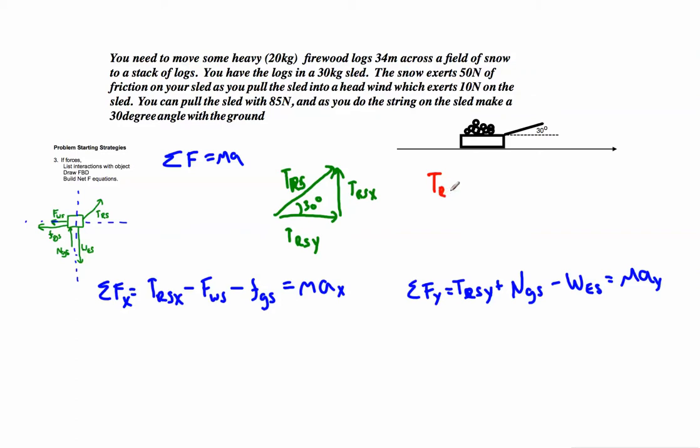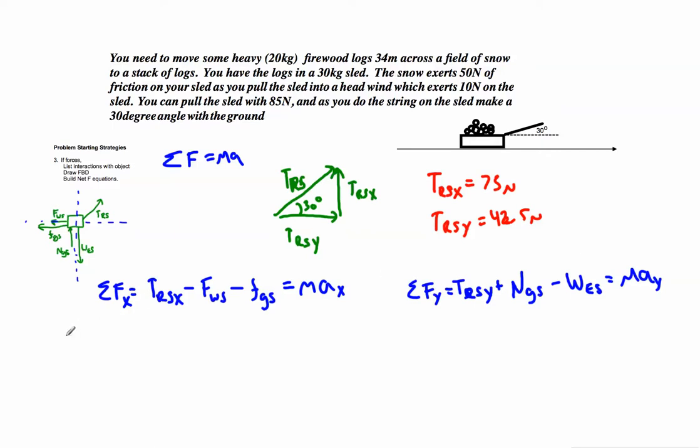Tension rope on sled in the x direction is equal to 73 newtons. Tension rope on sled in the y direction is 42.5 newtons. The other thing you can do is figure out the weight of the sled. But I'll do that here for you too.